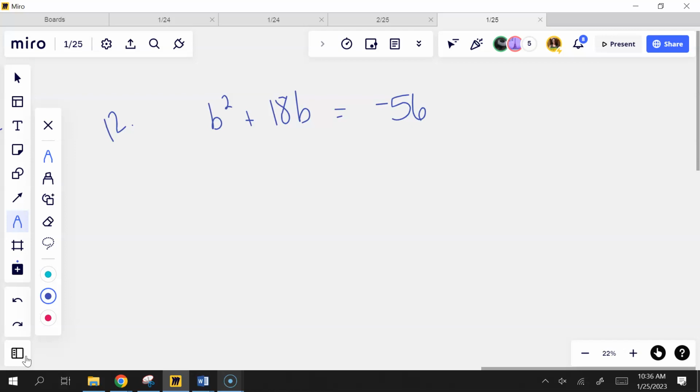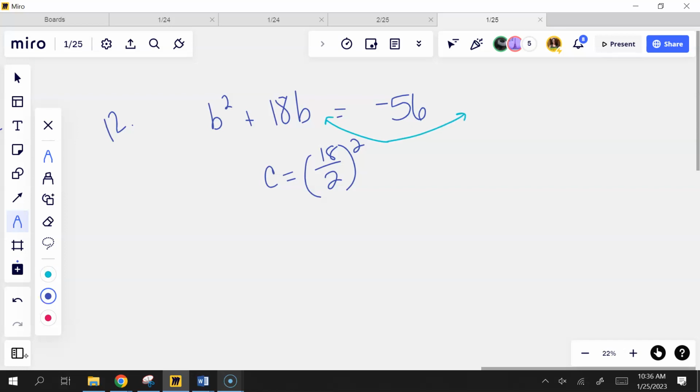All right. So I need a good C. How do I find a good C? That's exactly right. I don't have my holes here because I didn't move the C, but I'm still going to add it here and here.